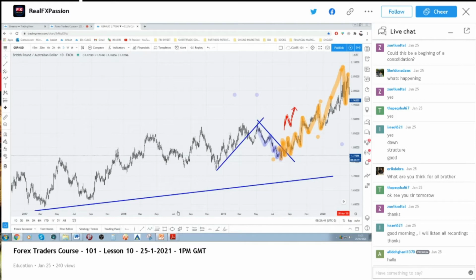Makes sense, everybody? GBP AUD daily chart, generally speaking an uptrend. I was long until up here, right?